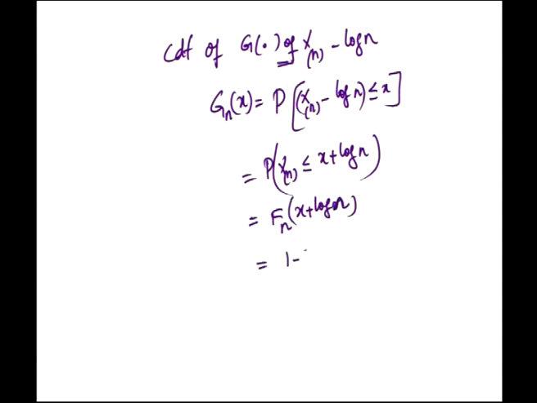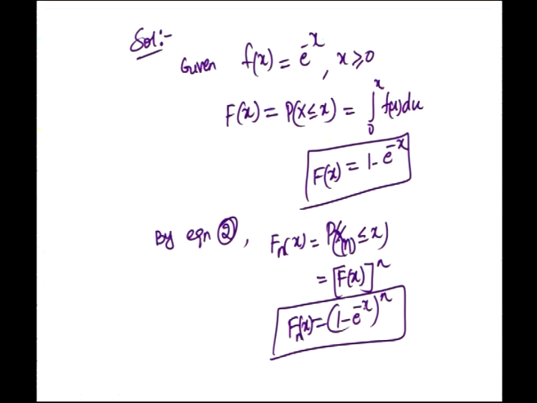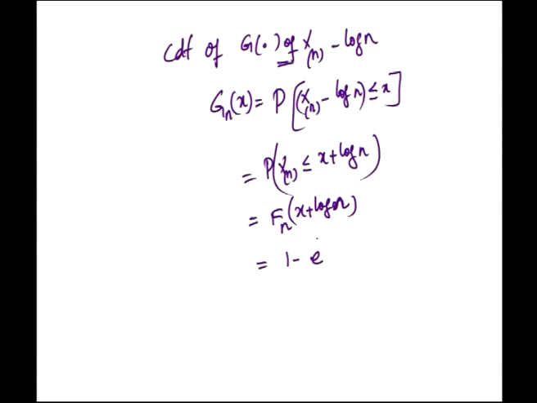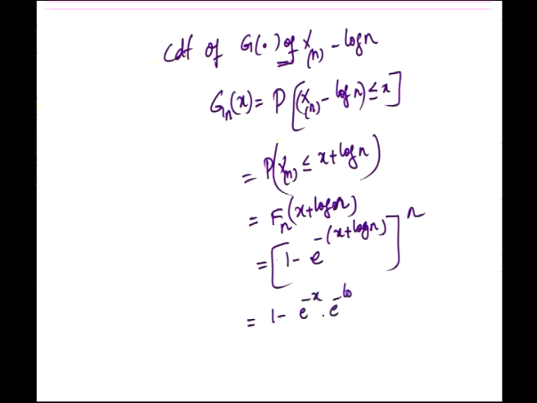Which is 1 minus e power, what is that, Fn of x. Fn of x is 1 minus e power minus x whole power n. In the place of x you are having x plus log n. Okay. Therefore, e power minus of x plus log n the whole power n, and this is written as 1 minus e power minus x into e power minus log n whole power n.